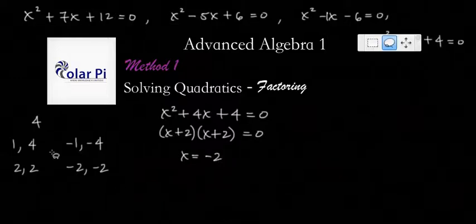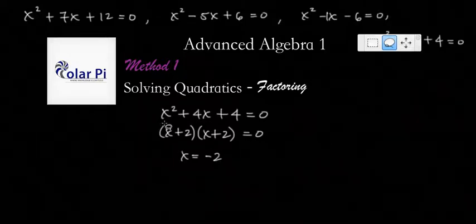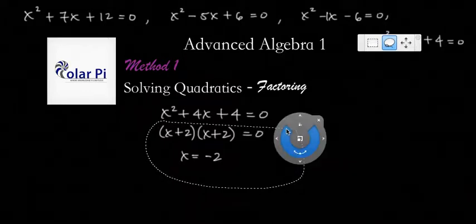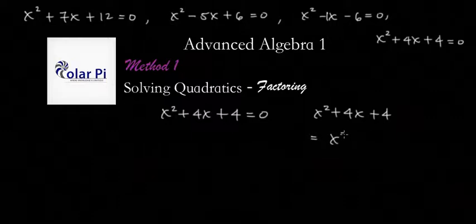Now, I did say that you could have done this through a different method, and that's by observing that what you're given, x squared plus 4x plus 4, is in the form x squared plus 2 times 2x, and then plus 2 squared.